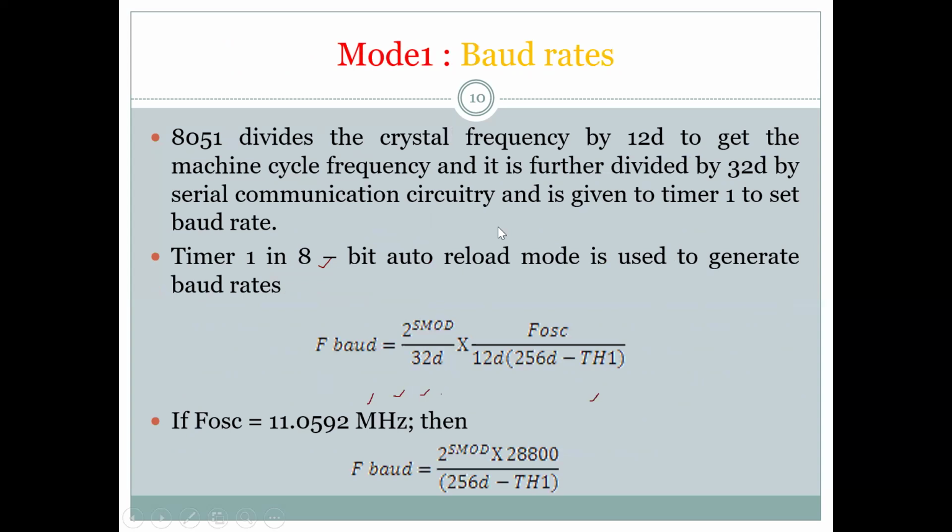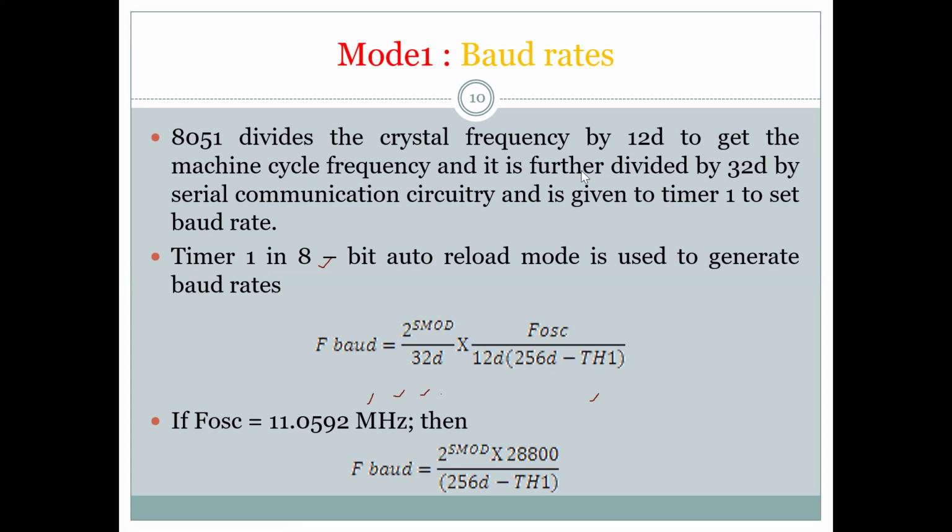When we come to timer circuitry, the 8051 clock frequency is divided by 12 and given to the timer circuitry, right? When I come to serial communication, the UART module further divides the clock frequency by 32.